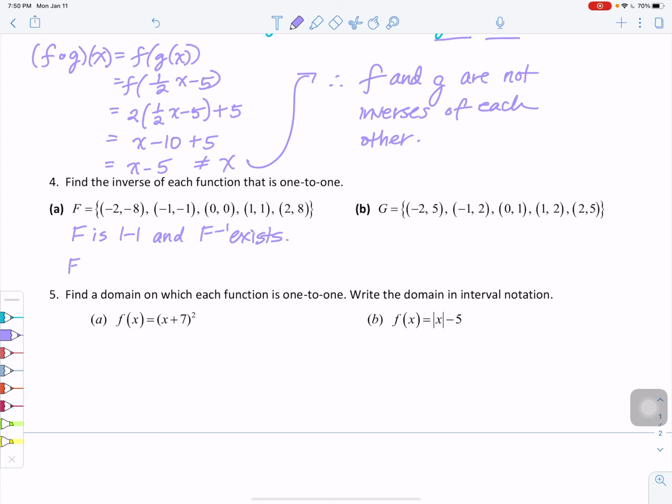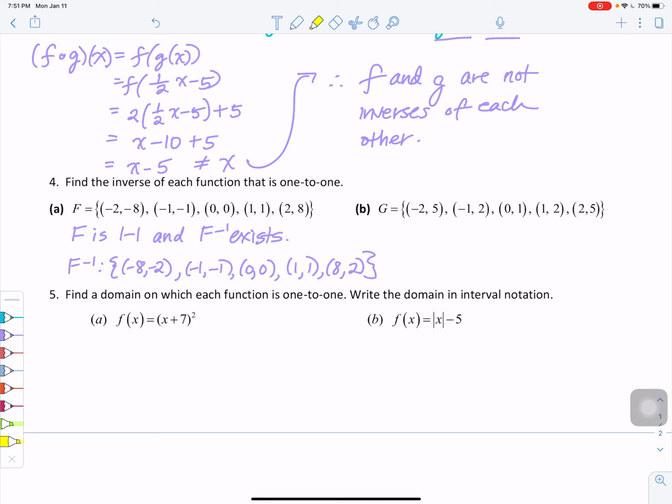So let's go ahead and find f inverse. All we're going to do is interchange the x and the y values. Some of these are repeated, so it's quite simple. And there we go.